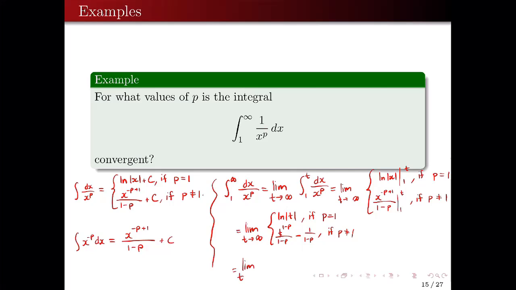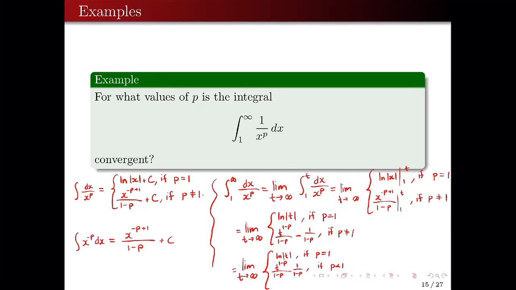We have the limit as t approaches plus infinity. In here, we already have ln absolute value of t if p equals 1. In here, if p is less than 1, we will have t raised to 1 minus p over 1 minus p, minus 1 over 1 minus p.